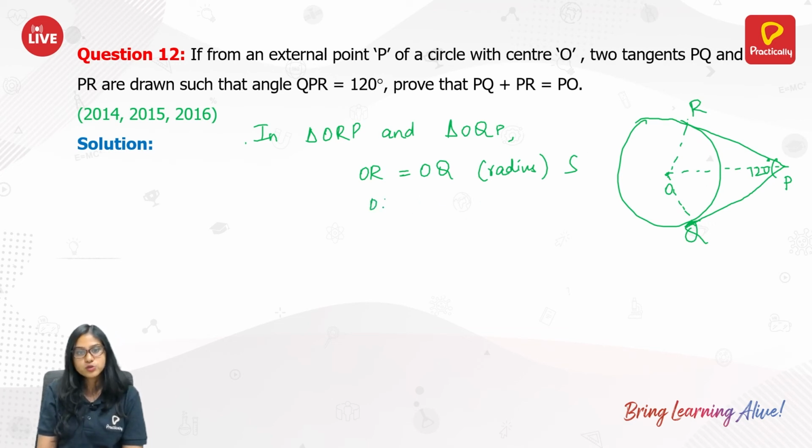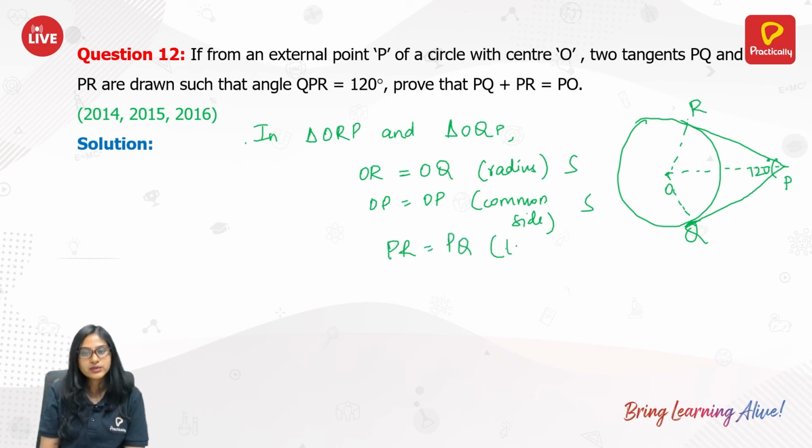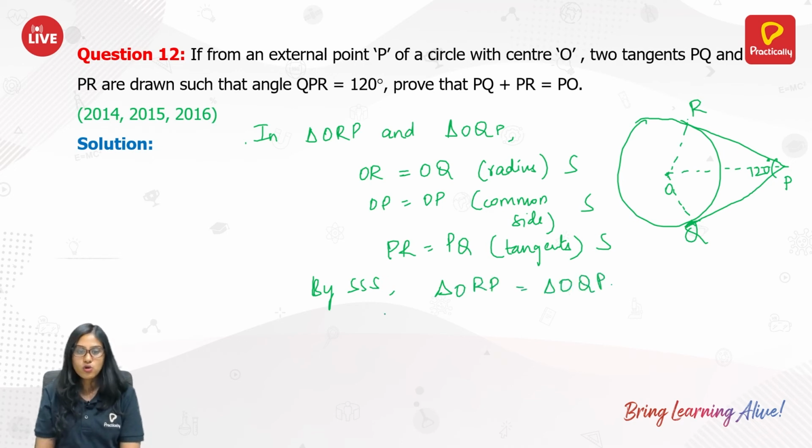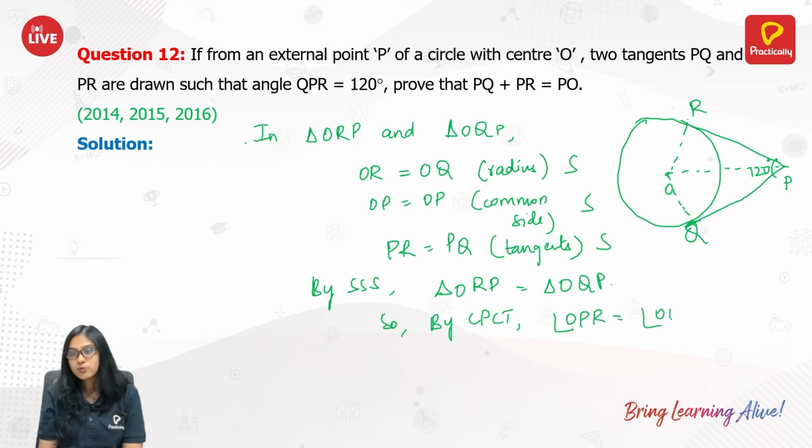Next, OP equals OP, common side. Next, PQ equals PR, tangents. By SSS congruency, triangle ORP is congruent to triangle OQP. So by CPCT, can I write angle OPR equals angle OPQ? Of course, I can write. That is what we wanted to find.